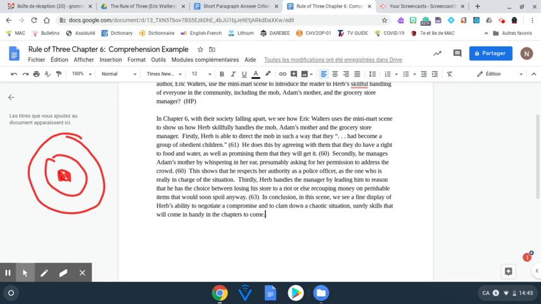You could talk about Ernie and the IOUs or the vouchers to deal with the mob, and the numbered tickets from the deli that Herb used in order to calm them down by getting them into a line. You could have spoken about how he appealed to their good side: this isn't the kind of thing you would do, that sort of thing. But in the end, this is about what we're looking for.